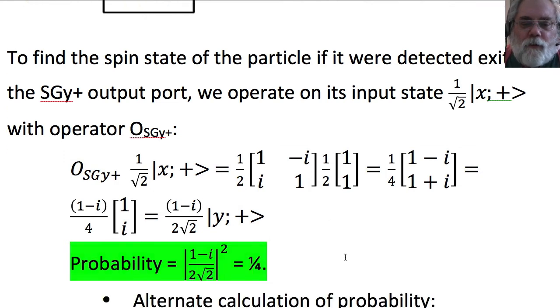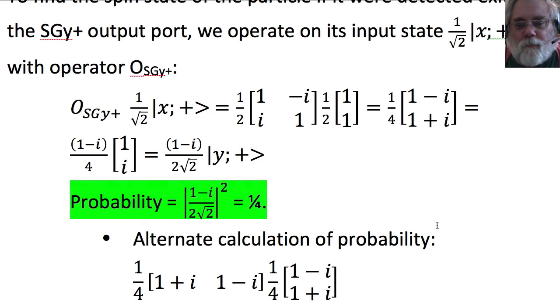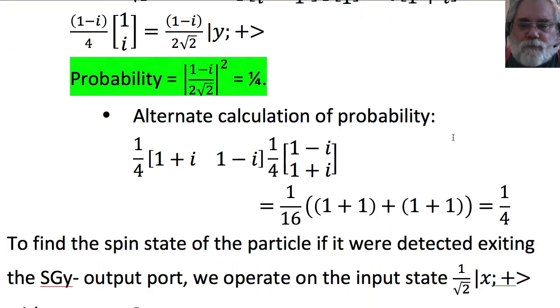And so with a little work, we get the ket Y plus with an amplitude (1 minus i) over 2 square root of 2. Its probability is norm squared. You should be able to do that. Its probability will be 1/4. If you want, you can take the output state, and you could calculate its probability as the inner product of itself with itself. Should give you the same results.